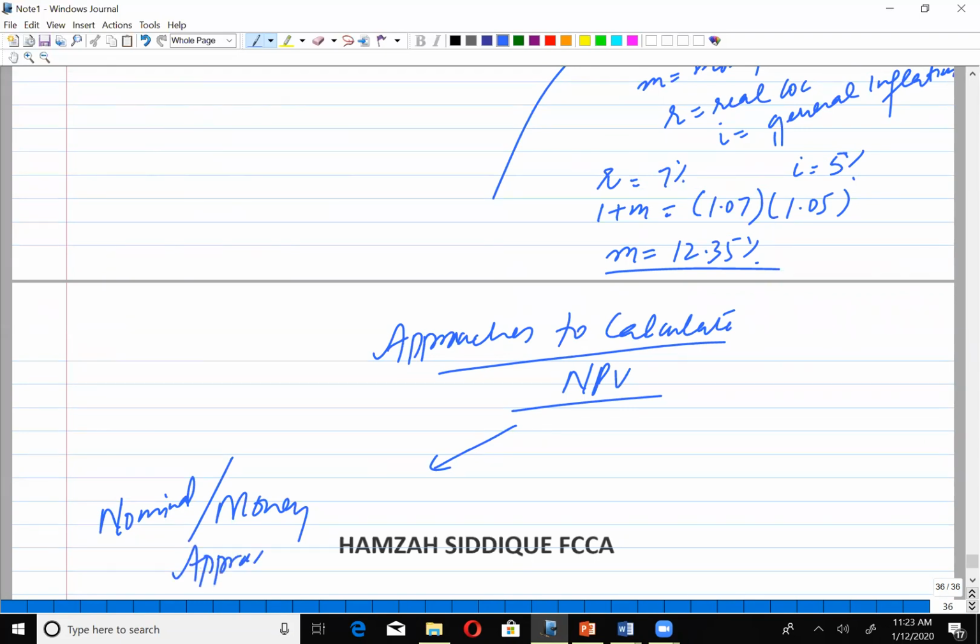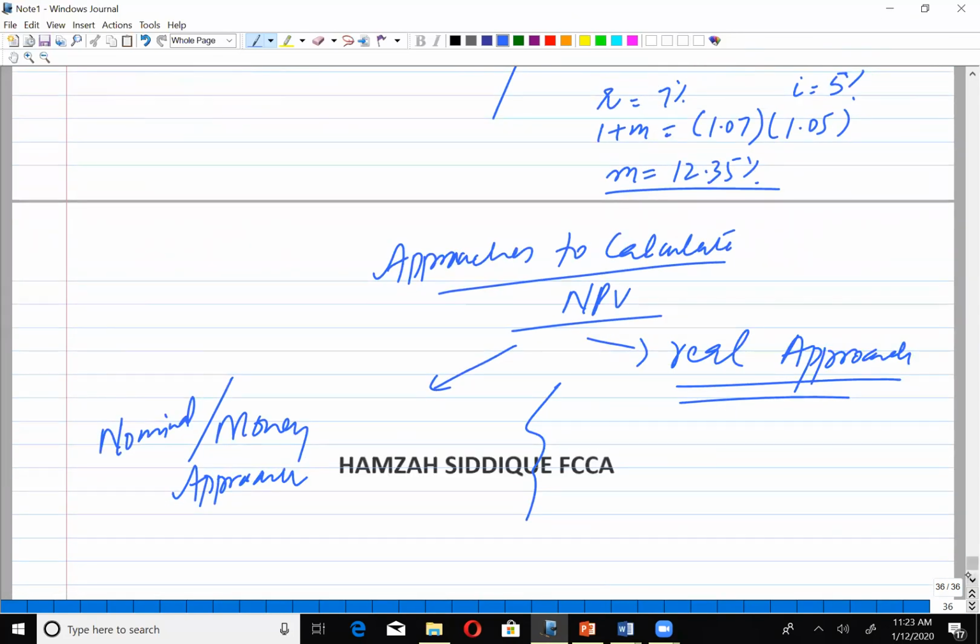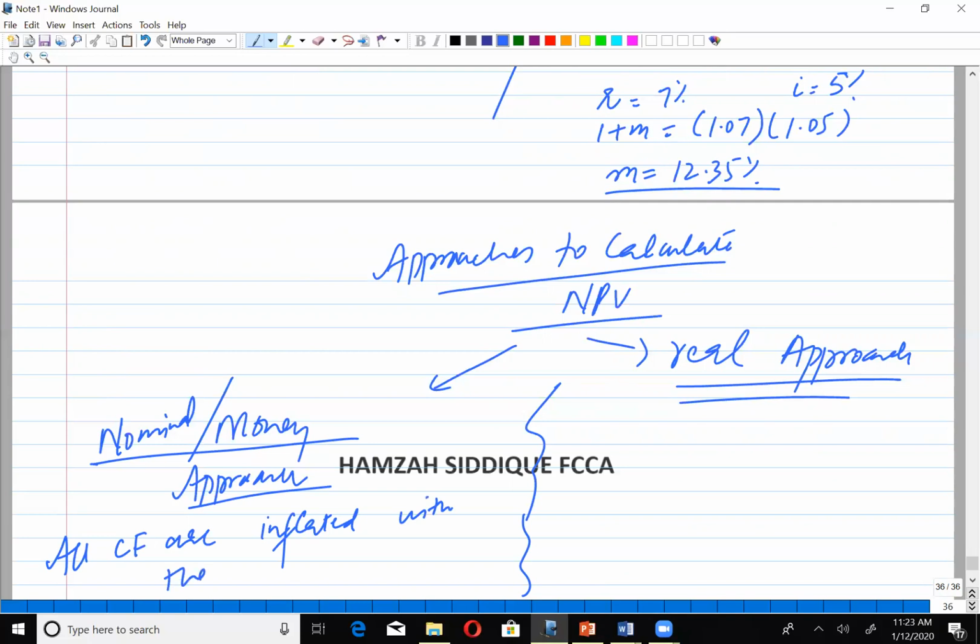The other is real approach. In the money approach or money method, all cash flows are inflated with their specific inflations.